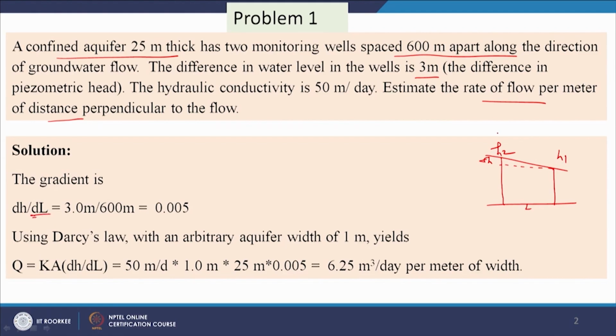It is given as 3 meter, divided by the distance, which is 600 meter. So, we are getting 0.005. That is the gradient.